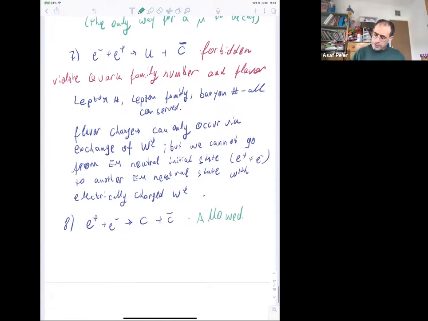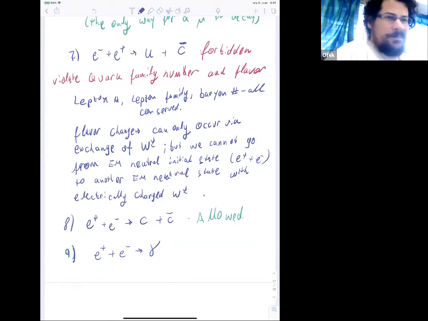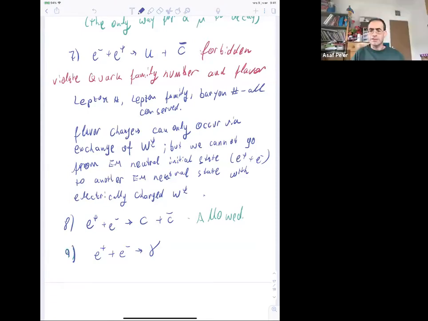What about, let's go fast because we're running out of time, an electron and a positron ending up with a photon? Is this allowed? No. Okay, does someone else have more ideas?